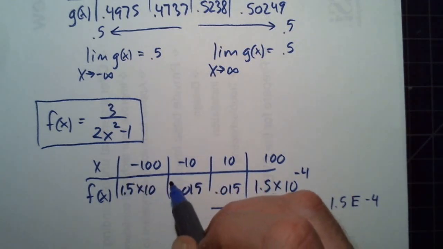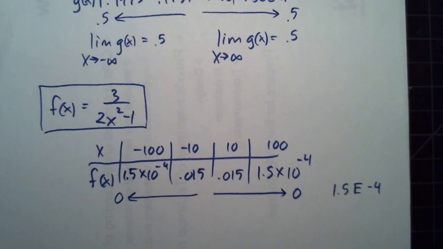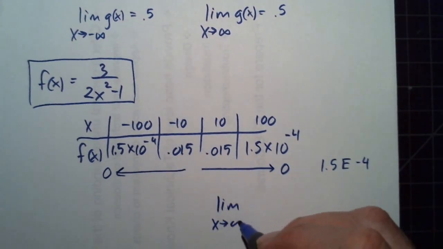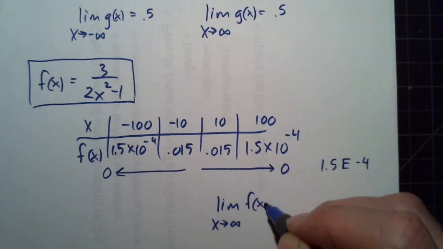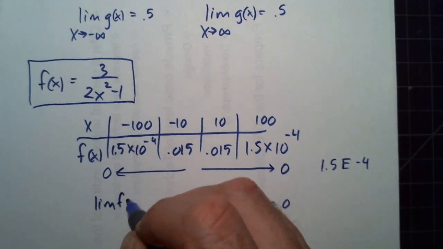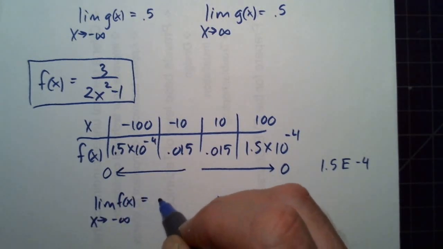So going to the left it's also going to 0. The y value is going to 0. So we can say the end behavior as x goes to the right of f of x is 0. The limit of f of x as x goes to the left is 0.